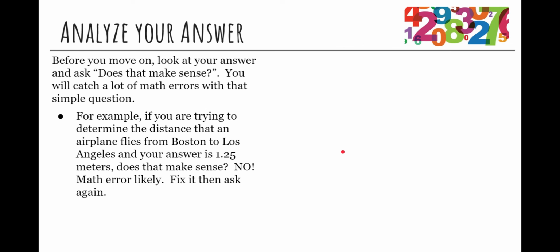Does it make sense that the distance from Boston, Massachusetts to Los Angeles, California is 1.25 meters? Hopefully, your brain will say no. That means you must have a math error somewhere. So you need to go back, check your work, fix it, and then ask yourself that question again.